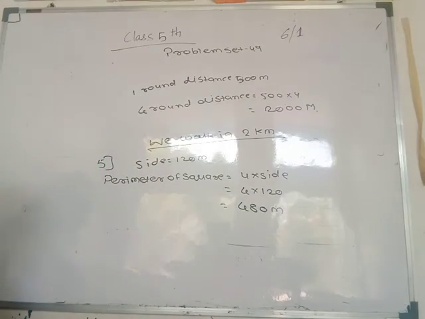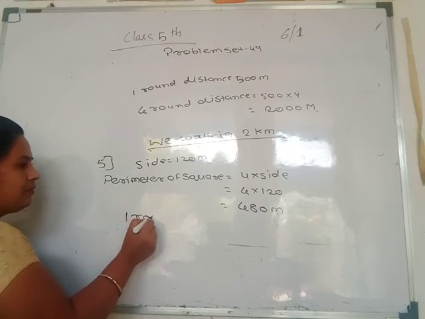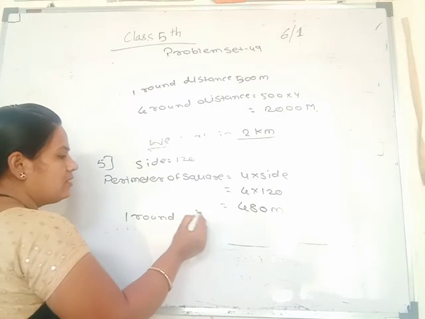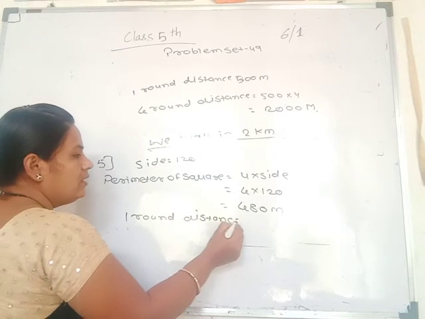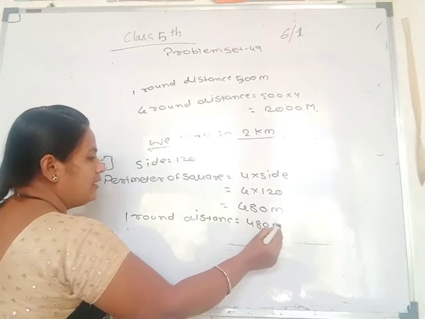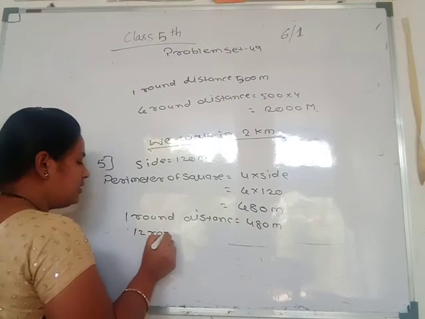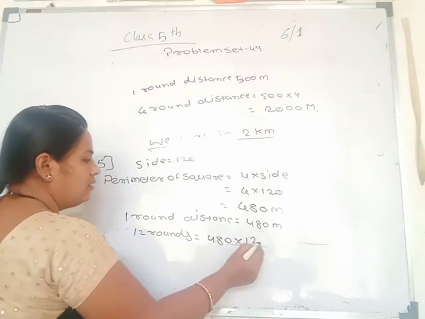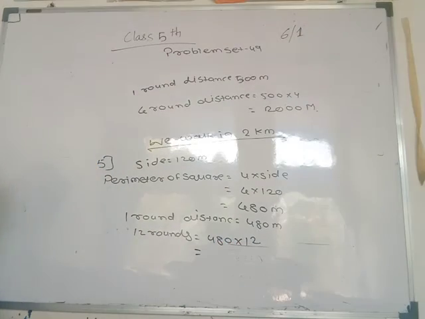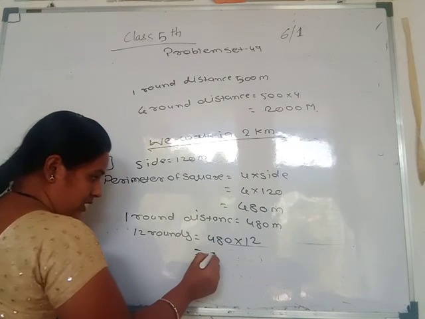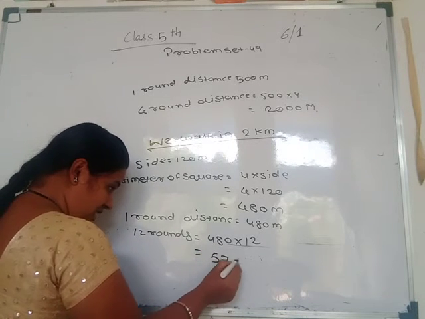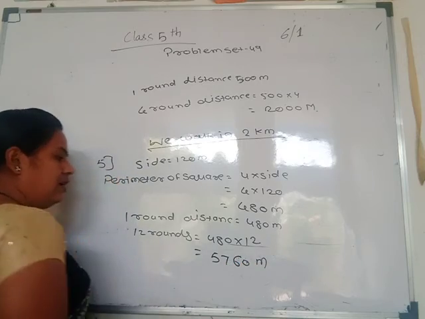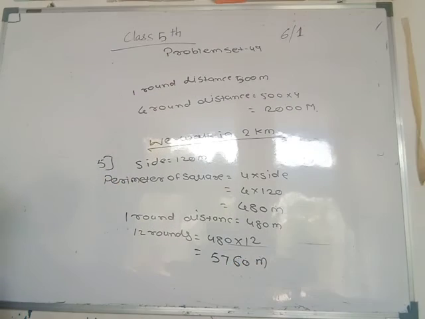480 meter. But Sanju completes 12 rounds. One round distance is equal to 480 meter. Then 12 rounds is equal to 480 into 12. You do the multiplication. 480 into 12 gives the answer 5760 meter.